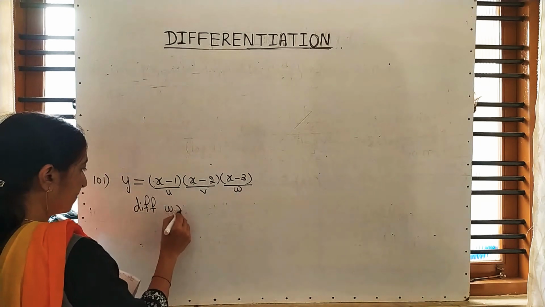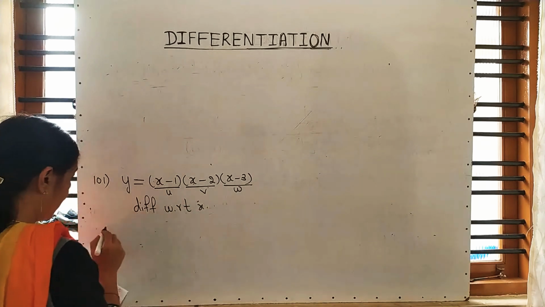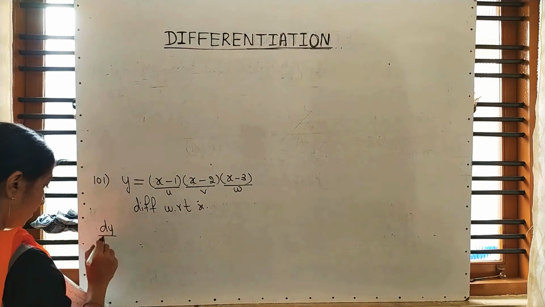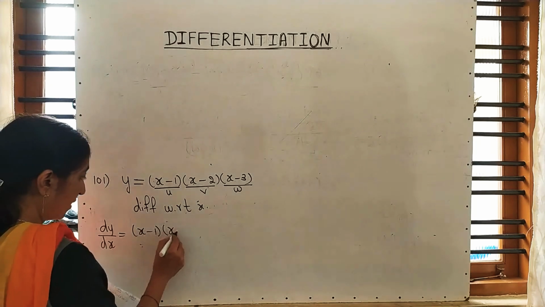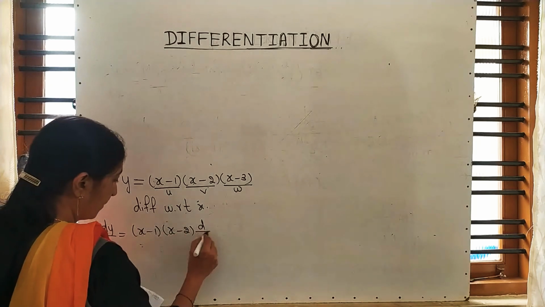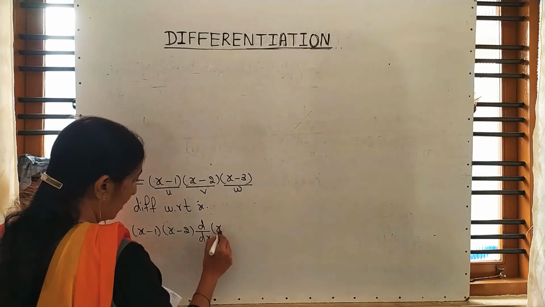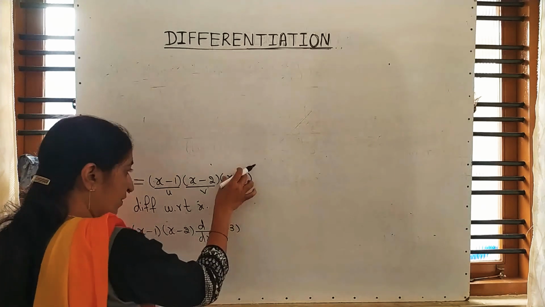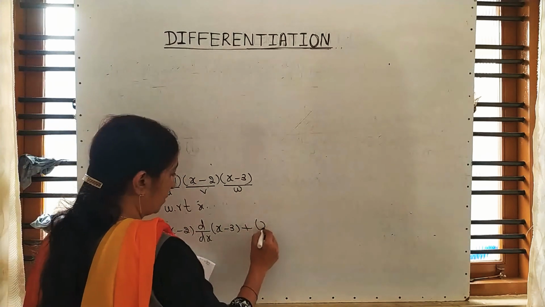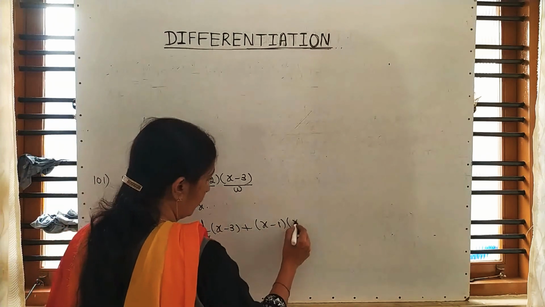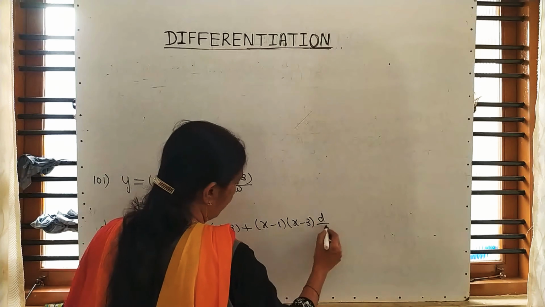Differentiating with respect to x. dy upon dx is equal to x minus 1, x minus 2 as it is. Differentiation of x minus 3. First I differentiate this bracket, then the next one, then the last one. Plus x minus 1 into x minus 3 as it is.